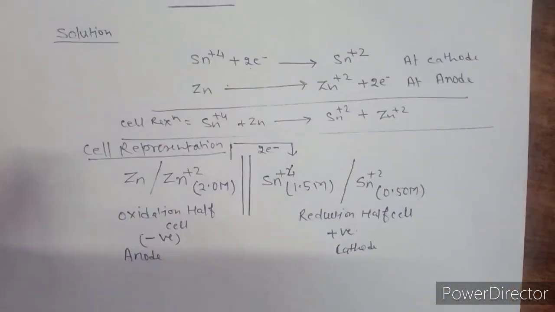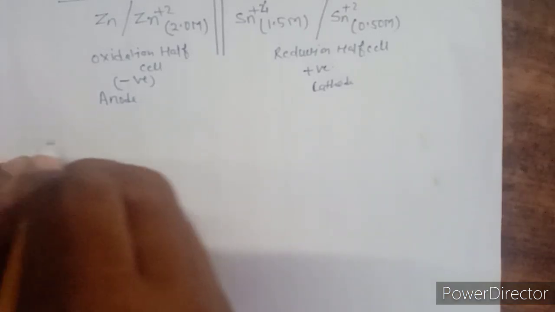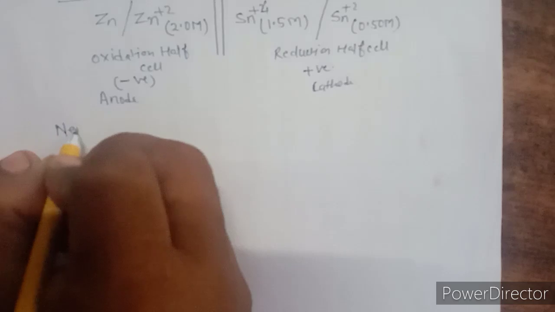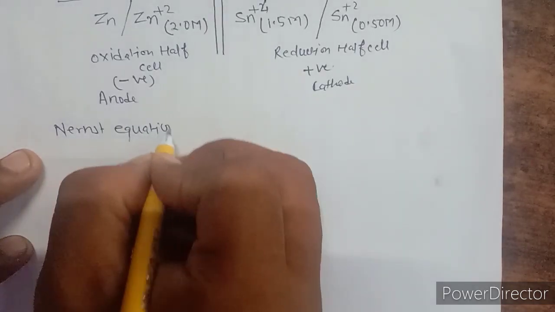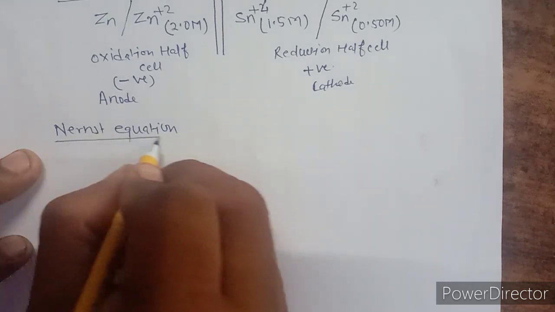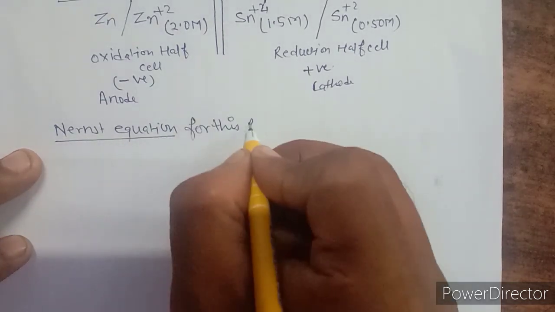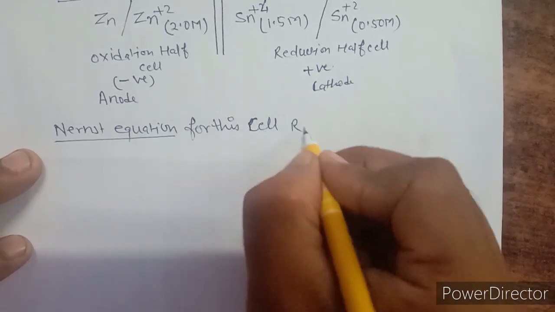Now write the Nernst equation for this cell reaction.